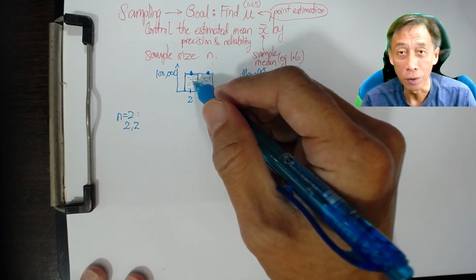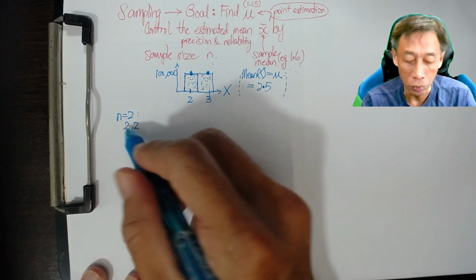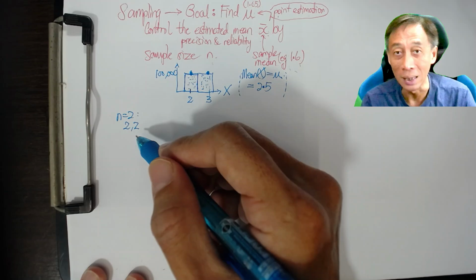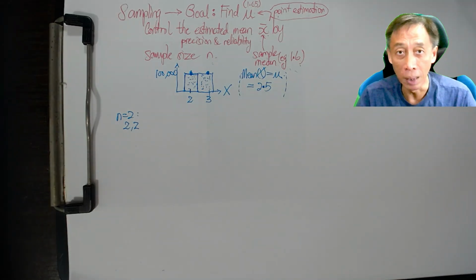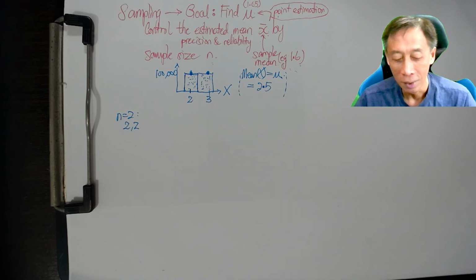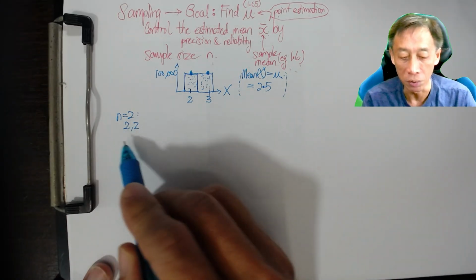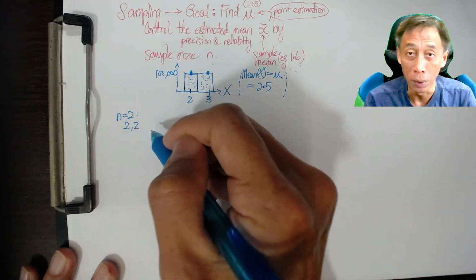How much money do you have? $2. Second person you ask, $2. You can permute them and you still get back 2. The two people you ask are distinguishable, but when you reduce them to a wallet number, they both have 2 and 2. So it doesn't matter whether you ask the first person first or second person first. They will just give you this collective response of 2 comma 2.